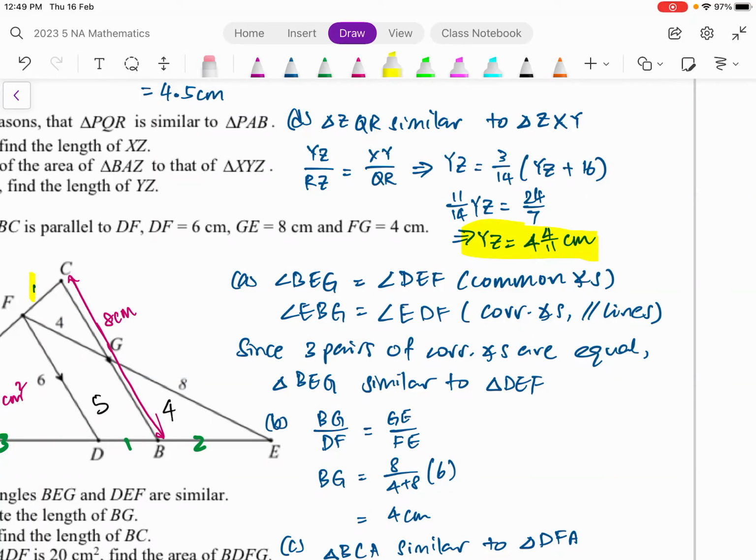So the ratio of area must be the square of the ratio of the sides. We previously already mentioned that this is 1 unit and this is 2 units, or you can use the 4 and 8. Doesn't matter, it is the same ratio. When we square, the simplest one will still be 1 to 2. Big triangle, the side 3 units, small triangle side 2 units. Therefore, the ratio of area must be the square. 2 gives us 2 squared equals 4.